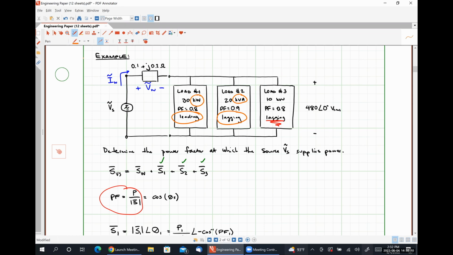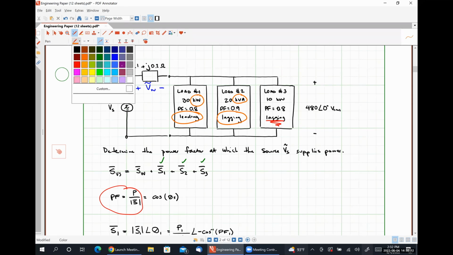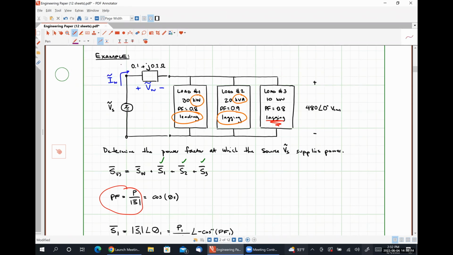They're both effectively the exact same thing, it's really just the order of the steps that we would take. We could apply Kirchhoff's current law and we would find that the current flowing through our transmission line would be the sum of the current flowing through load 1, load 2, and load 3.